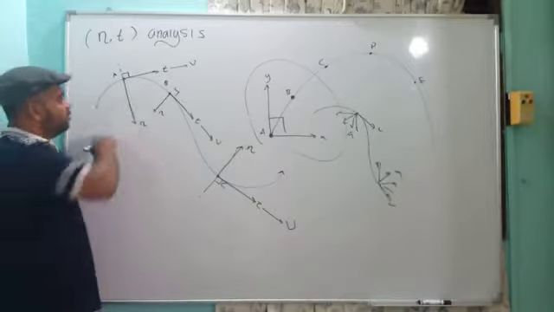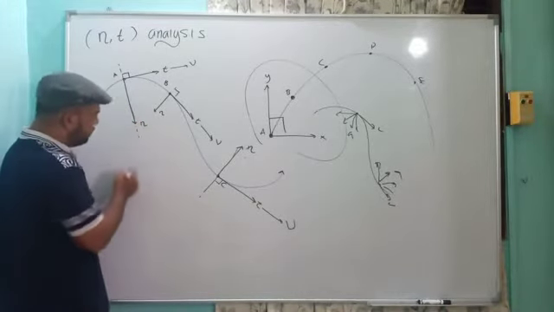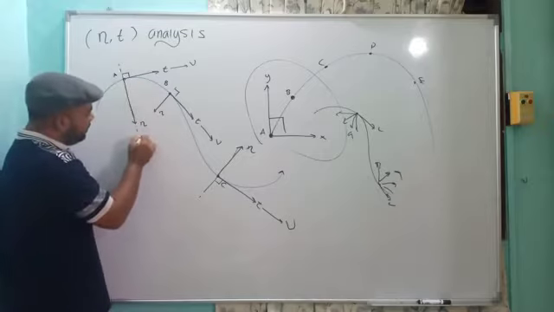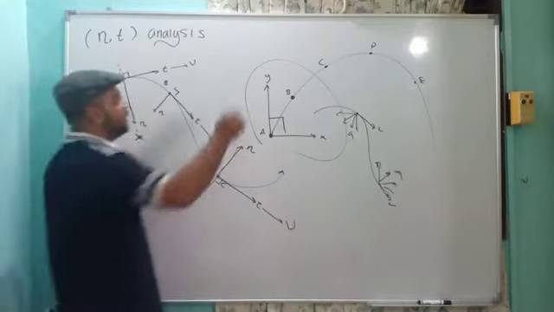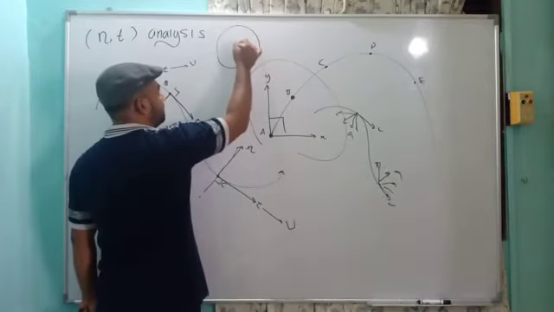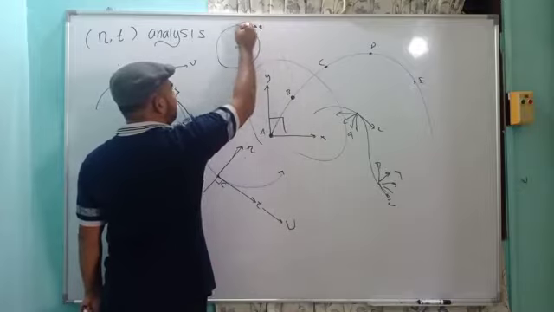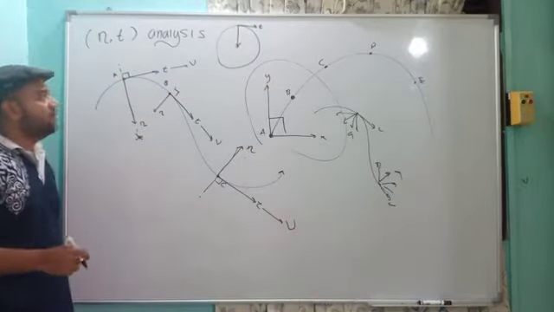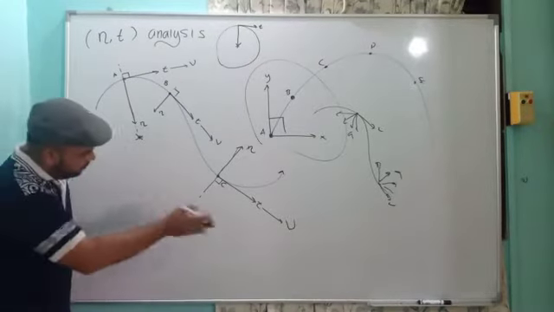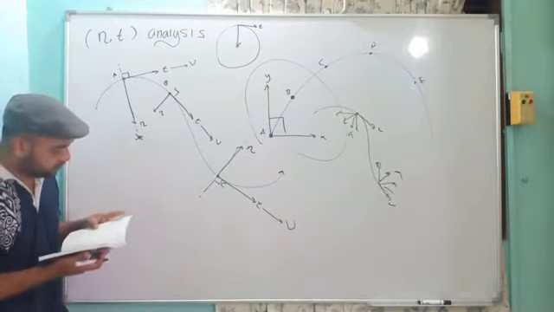Toward the center of rotation means that if you go straight from the curve, the line will pass through the center of rotation. If you have one round like this, this is the center of rotation, this is t, and n will pass through this way, to the center of rotation. So we have the NT axis.